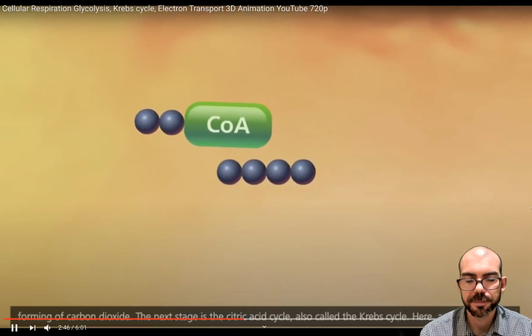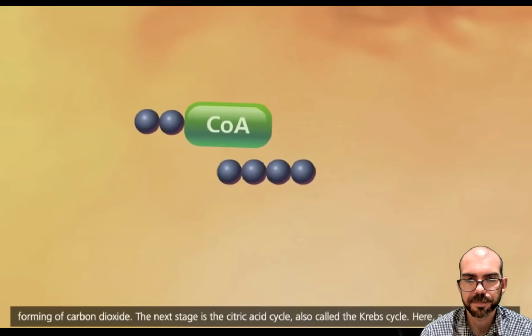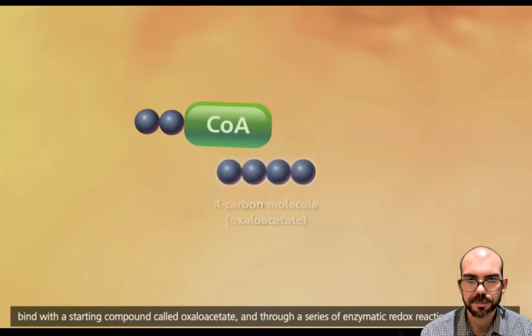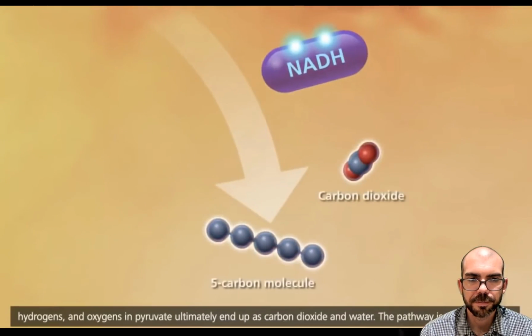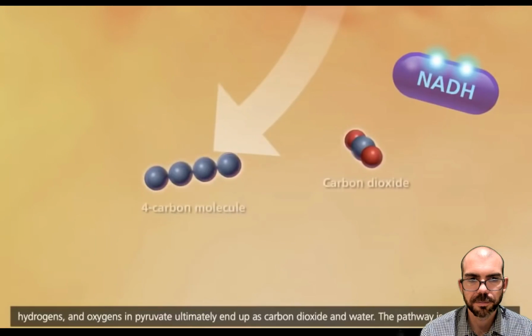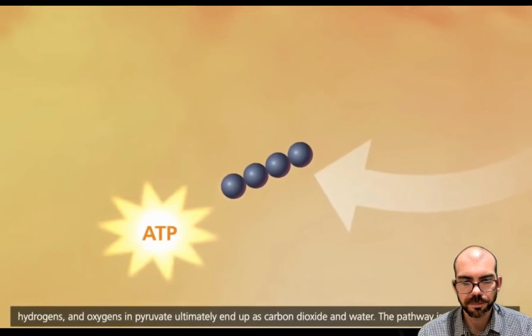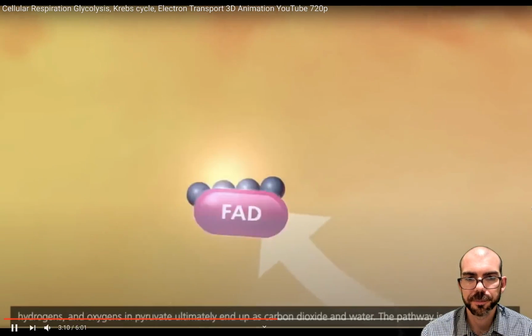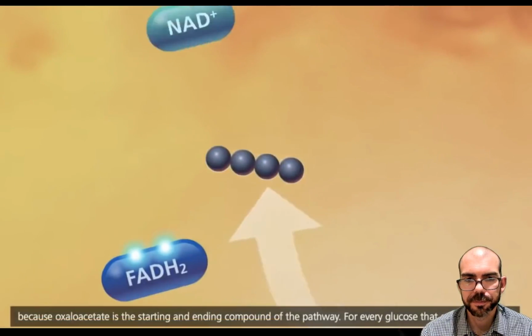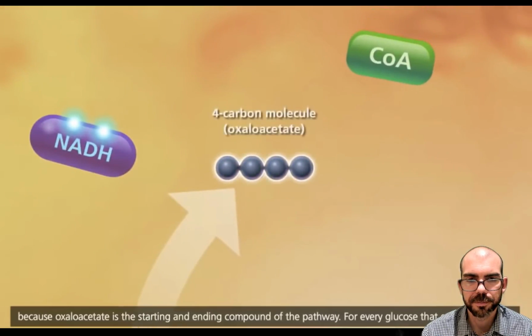The next stage is the citric acid cycle, also called the Krebs cycle. Here, acetyl CoA will bind with a starting compound called oxaloacetate, and through a series of enzymatic redox reactions, all carbons, hydrogens, and oxygens in pyruvate ultimately end up as carbon dioxide and water. The pathway is called a cycle because oxaloacetate is the starting and ending compound of the pathway.